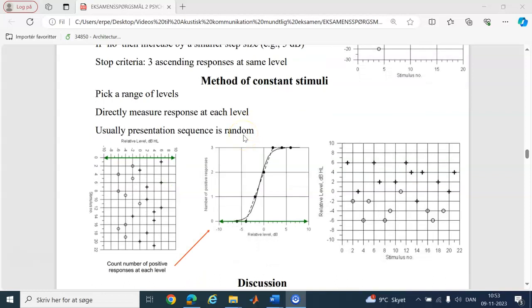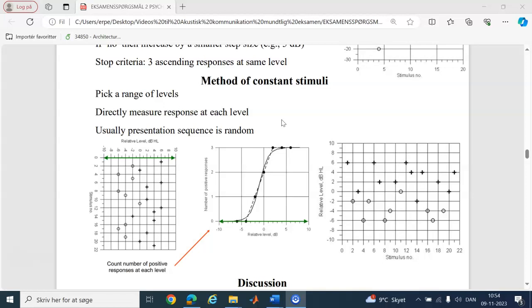Method of constant stimuli: pick a range of levels and record the response at each level. Usually the presentation sequence is random. It takes time, but each level is presented several times. For instance, 6 dB, how many?